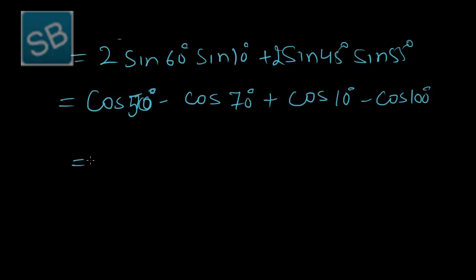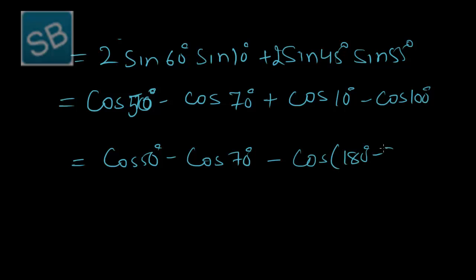So we get here cos 50 degree minus cos 70 degree minus cos 100 degree. Cos 100 degree can be written as cos (180 degree minus 80 degree), because in the result we have cos 80 degree, and we get plus cos 10 degree as it is.